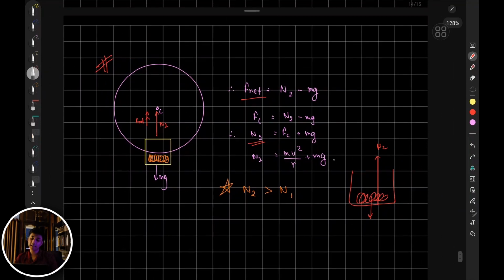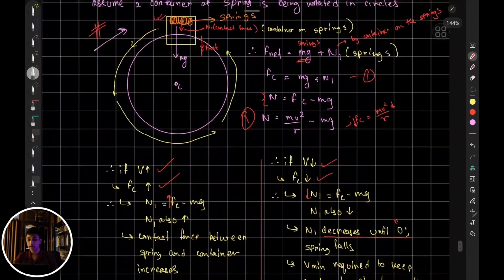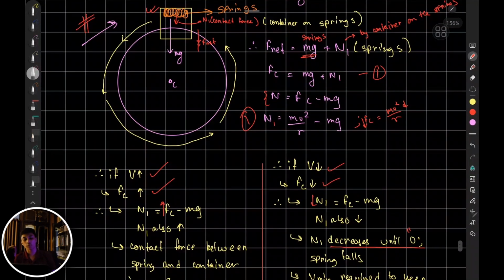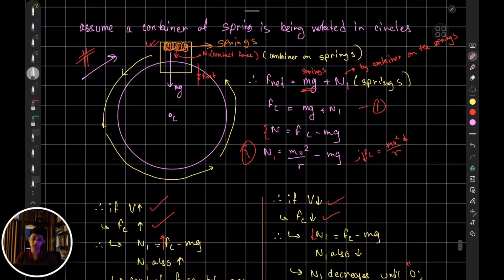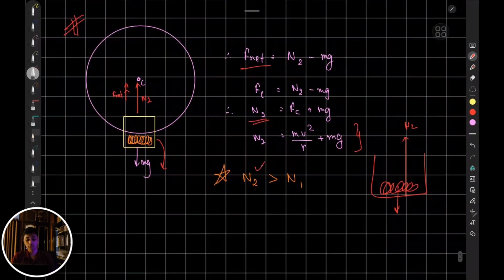Now from this equation, similar to the cases where tension is figured out, we know that if the object is in the lowest position, the value of the reaction force is going to be greater than the reaction force at the topmost position, in which case we get Fc minus mg. So the normal reaction force at the top is less compared to this.